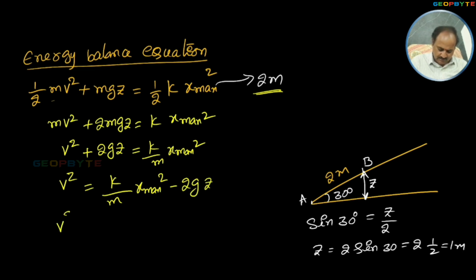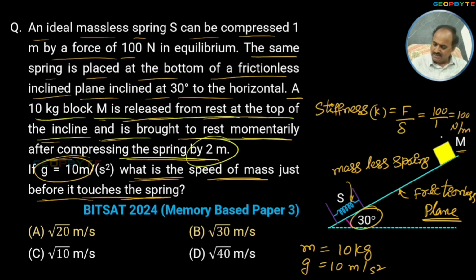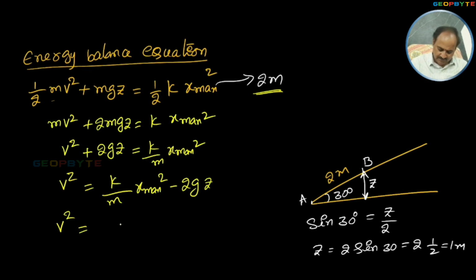Then for v square, let me write the k value. What is the k value? We have decided the k value is 100, that is the stiffness. So 100 by 10, into maximum deflection 2 square, minus 2g into z, where 2g into z equals 20.